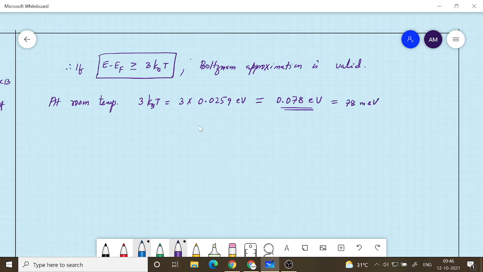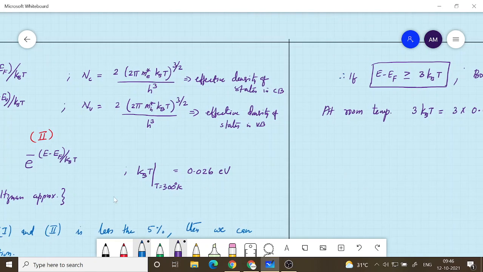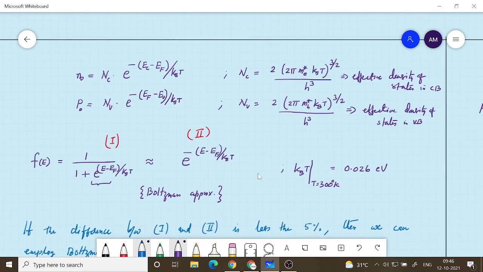78 milli electron volt. So if E minus EF is larger than 0.078 electron volt or 78 milli electron volt, then our Boltzmann approximation is a valid approximation. Under that approximation, we have derived the value of N0 and P0, and we got it as this.